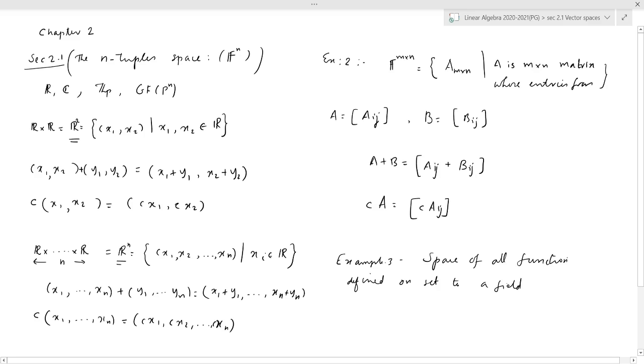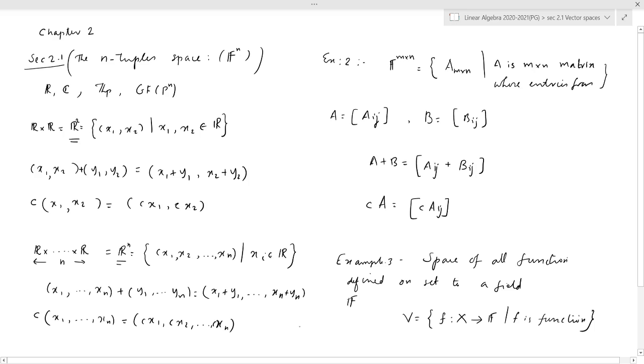For this we take a field capital F first, then define V equal to the set of all f from a set X to F, such that f is a function. That is the only requirement.